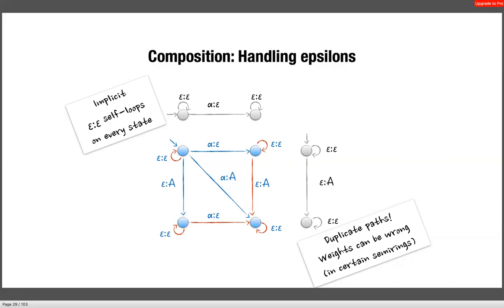So it's not just about the computational inconvenience, but it could also violate the algebraic definition of composition, what we discussed in the very first slide about how the weights of paths are defined in a composed machine. That could be violated if you are operating with certain semi-rings, which are known as non-idempotent semi-rings.